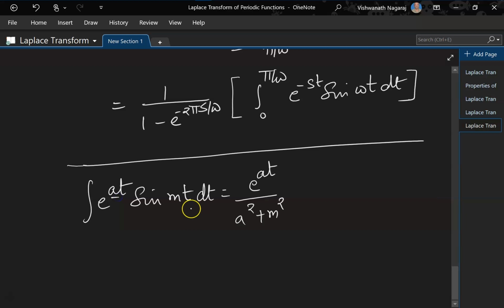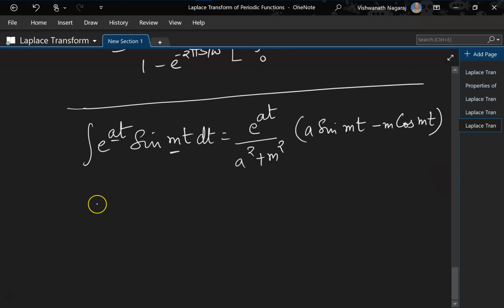Remember, a is this, m is this. So e to the power of at as it is, over a square plus m square, times a sine mt minus m cos mt. Similarly, we require this. We don't require the second one, but I'm just mentioning it.